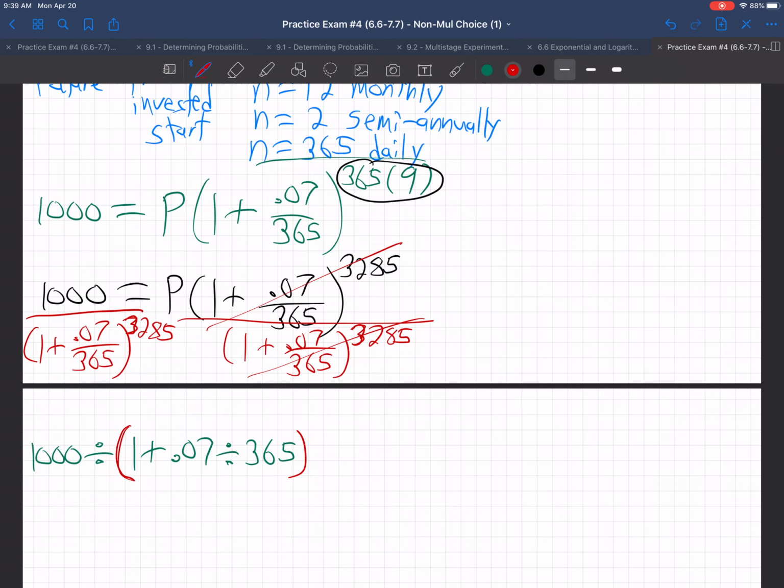I just made them a different color for emphasis. To the power. Now that's an up arrow, or maybe it's an X to the Y button on some calculators, or whatever your power button is, to the power 3285, and hit equals.